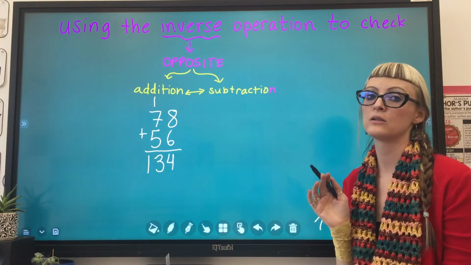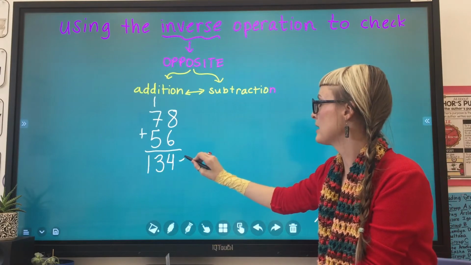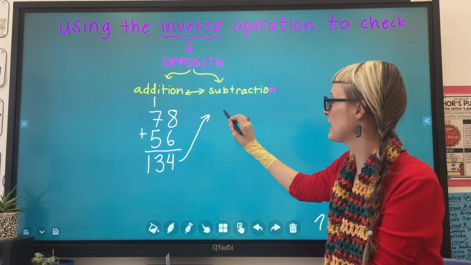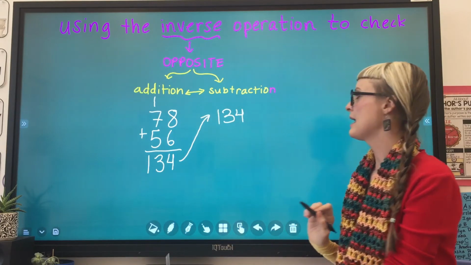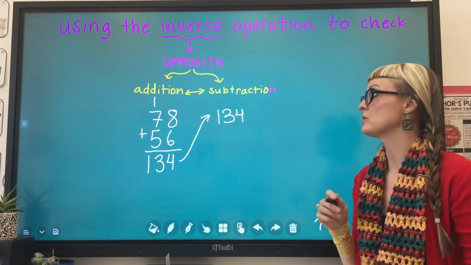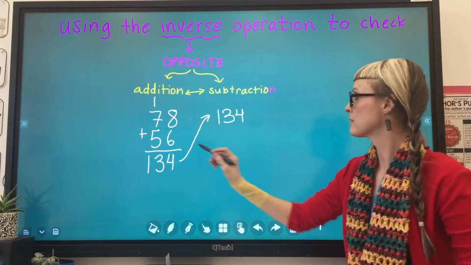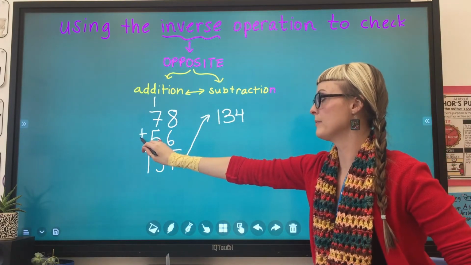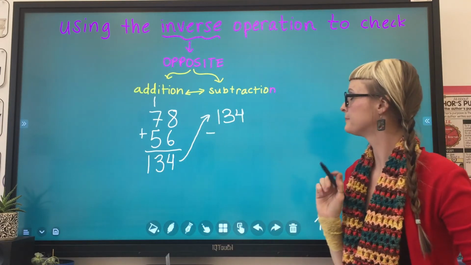Now I'm going to check my answer to make sure that it's correct. So I'm going to bring my answer up here, and I'm going to use the inverse or the opposite operation to check. So this was an addition problem, so the opposite would be subtraction.